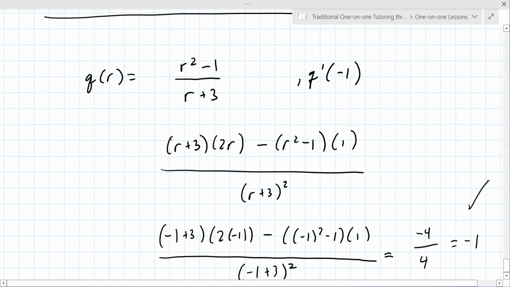Great. I simplified too much and then I did the -1, which is why it took me longer. I should have put it in earlier. Yes, good to realize that. And the r² - 1 goes away. That's another little shortcut on this one. Good, that's really good.